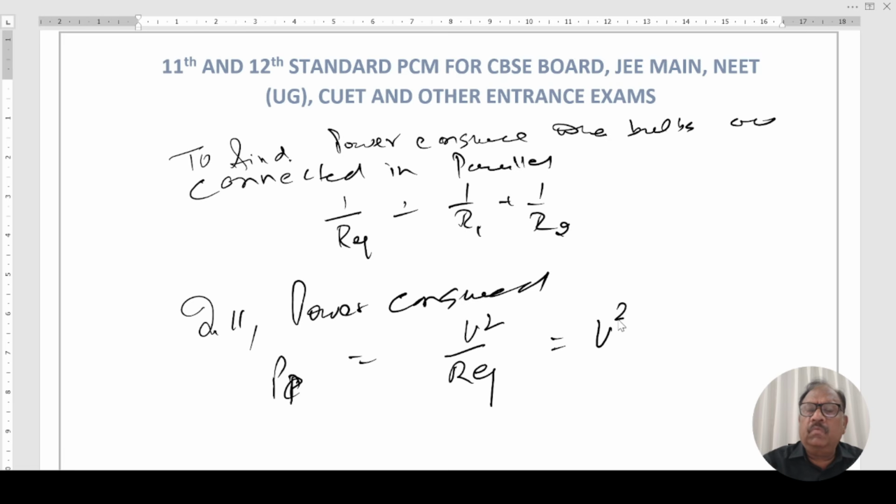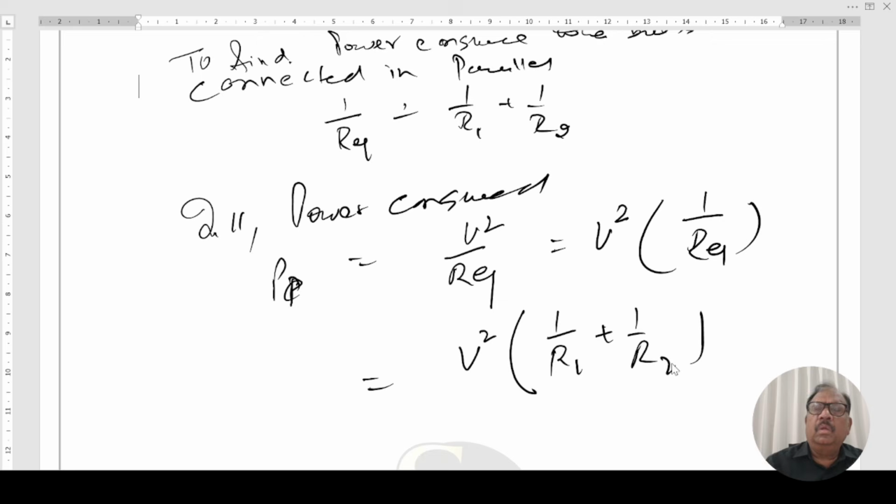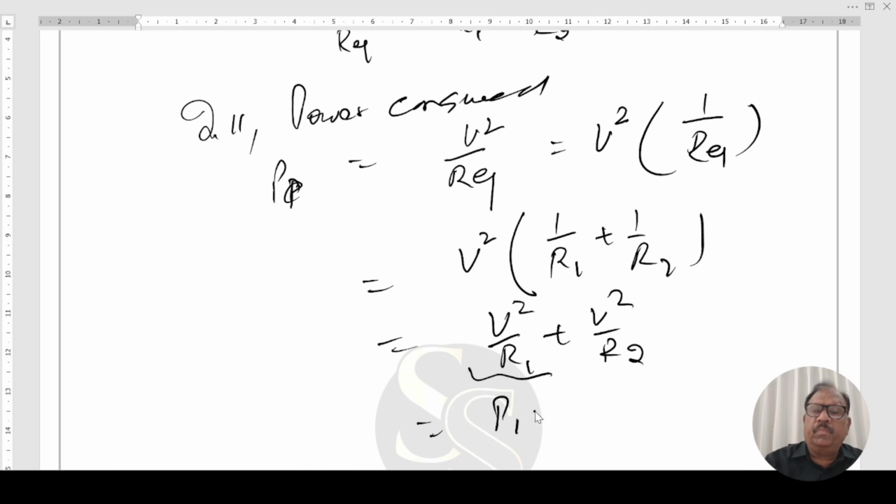That is V square upon R equivalent, that can be written as V square by 1 over R1 plus 1 over R2. This can be written as V square by R1 plus V square by R2.